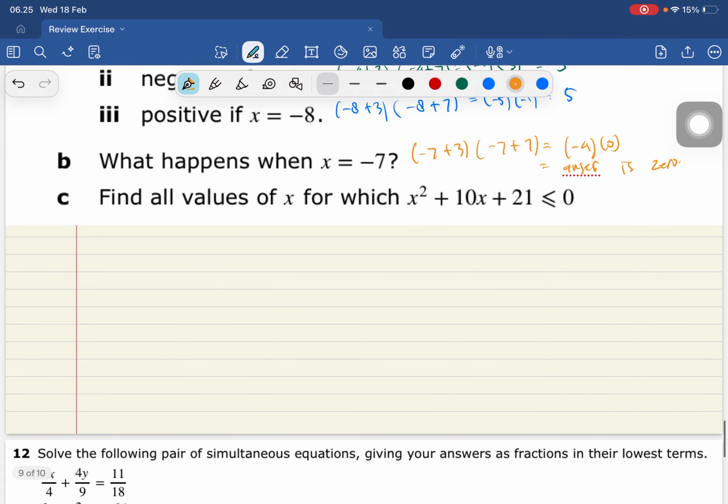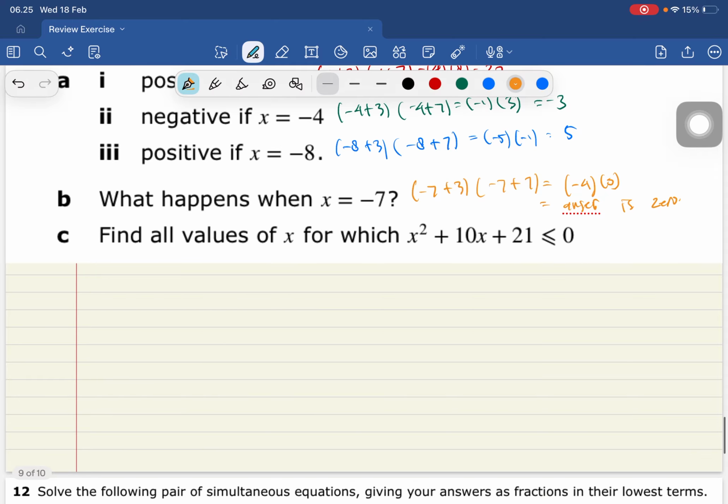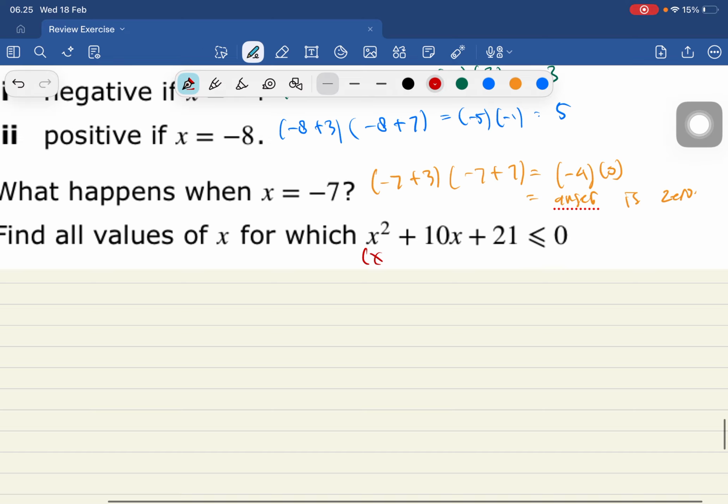Okay, part C. Find all the values of x which are less than or equal to 0. So first, let us factorize it. When multiplied it equals 21, when added it equals 10. So we got plus 7 and plus 3.